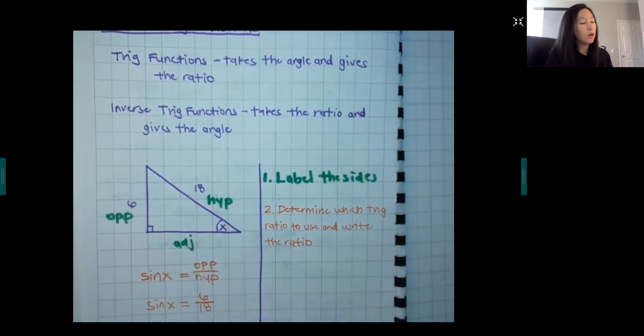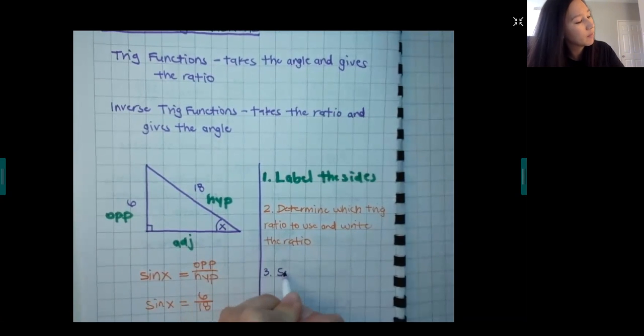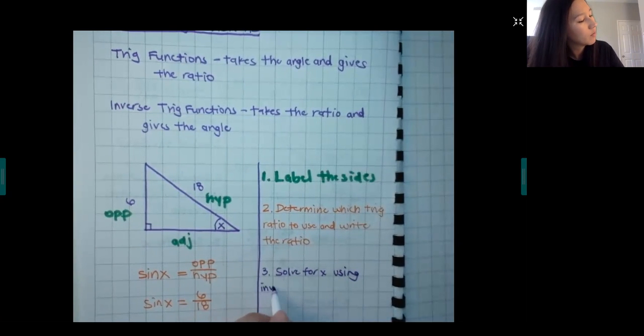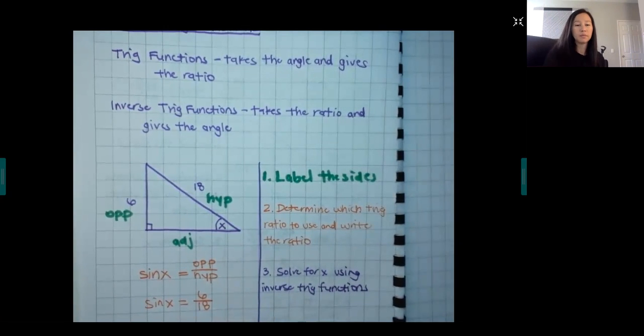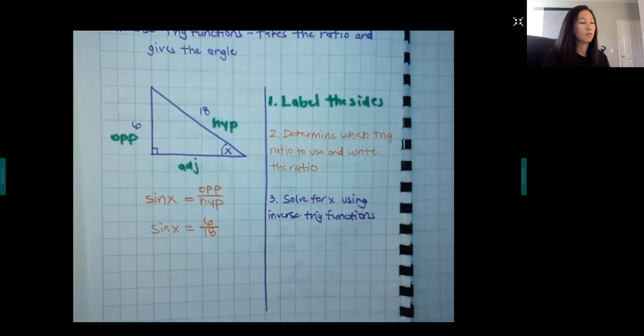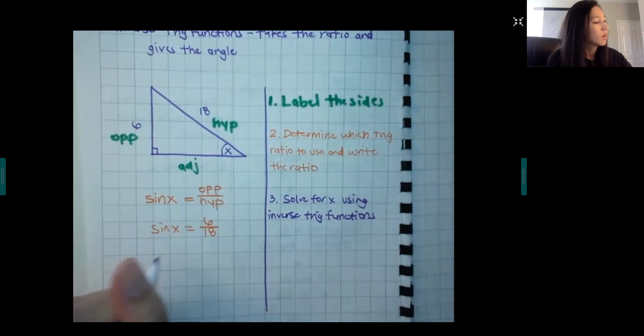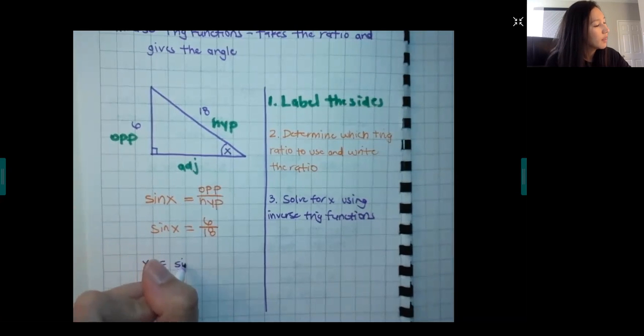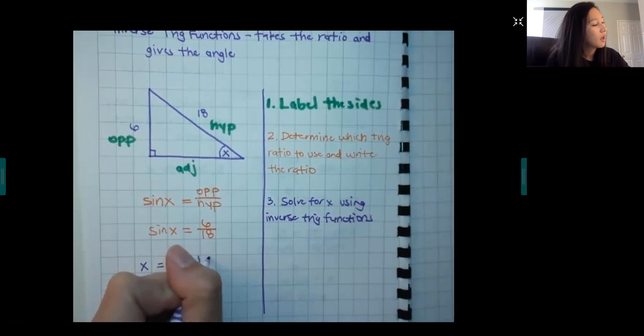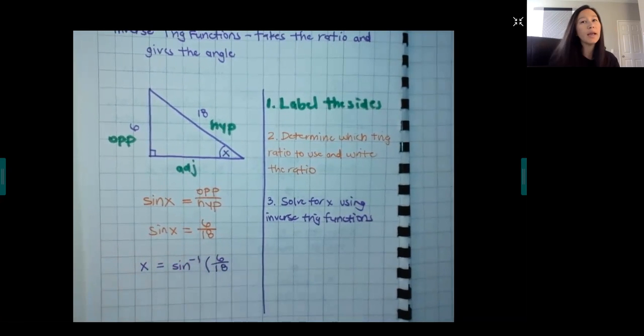Then our last step is we're going to solve for x using the inverse trig function. So to solve for x, x equals the inverse sine of 6/18.